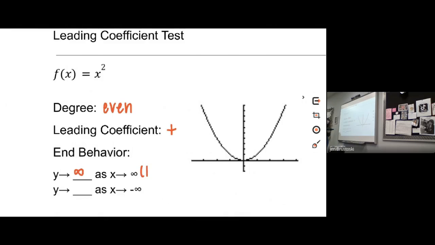And this is saying as x goes to negative infinity, because negative infinity is all the way over this way, so that's going to the left, then we're also approaching infinity. So that's all the end behavior means.